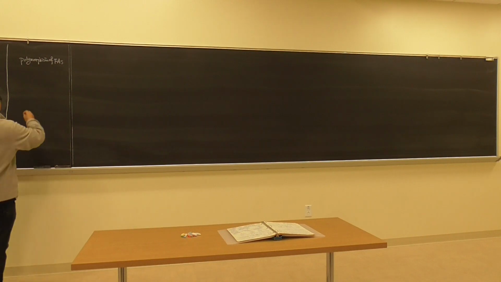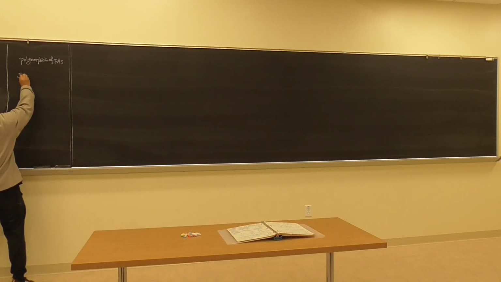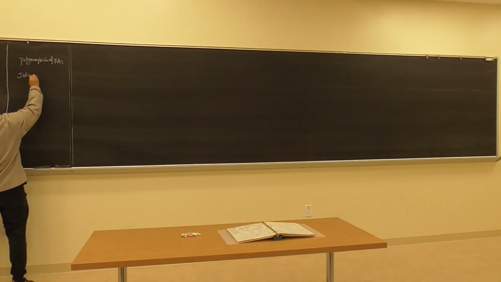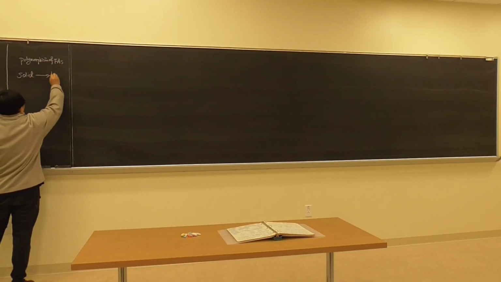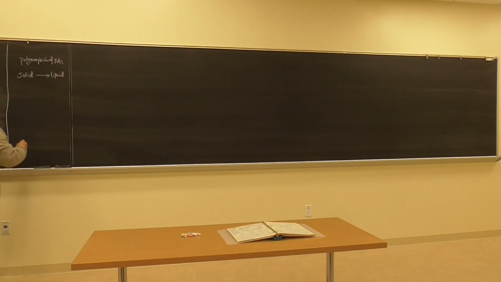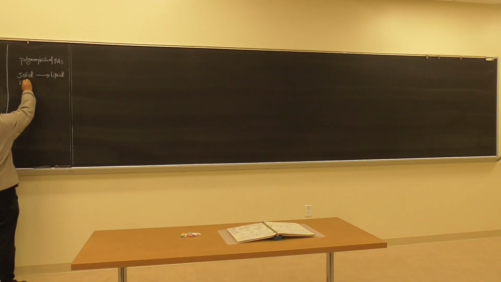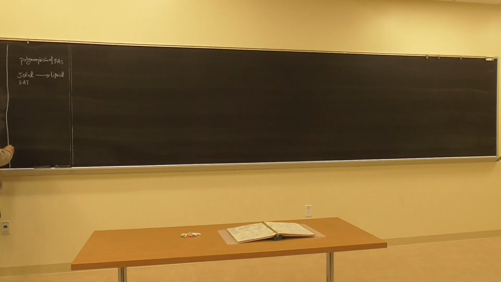You can understand that. So we started to talk about how a solid becomes liquid. So let's say we have a fat, and it's not really a solid. We usually call it a semi-solid.